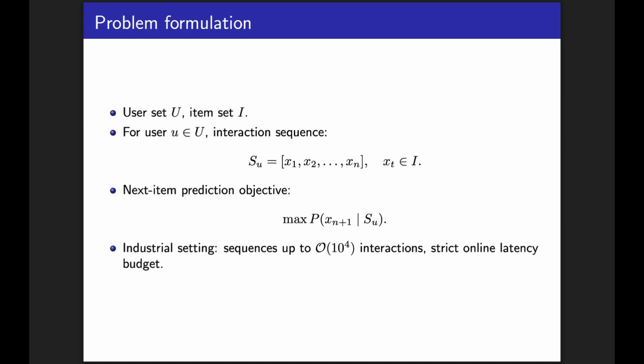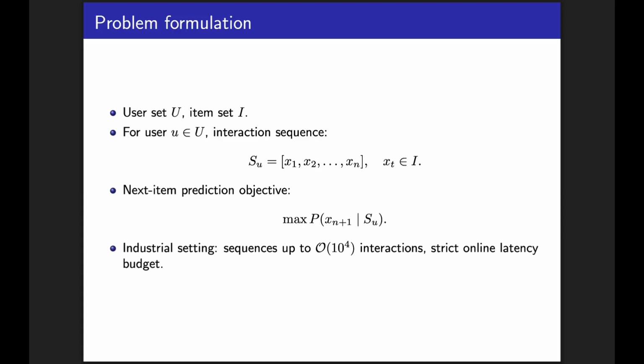So we will be looking later also at the math side of the paper, and for that we need to have common notations that we all understand, starting from the user set, capital U, together with the item set I. For each user, what we have is a sequence of interactions, behaviors, events, of length n.